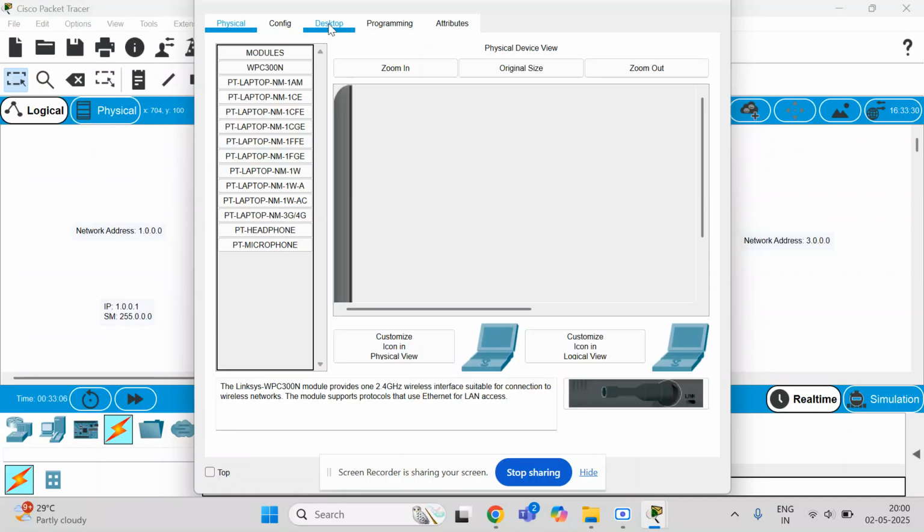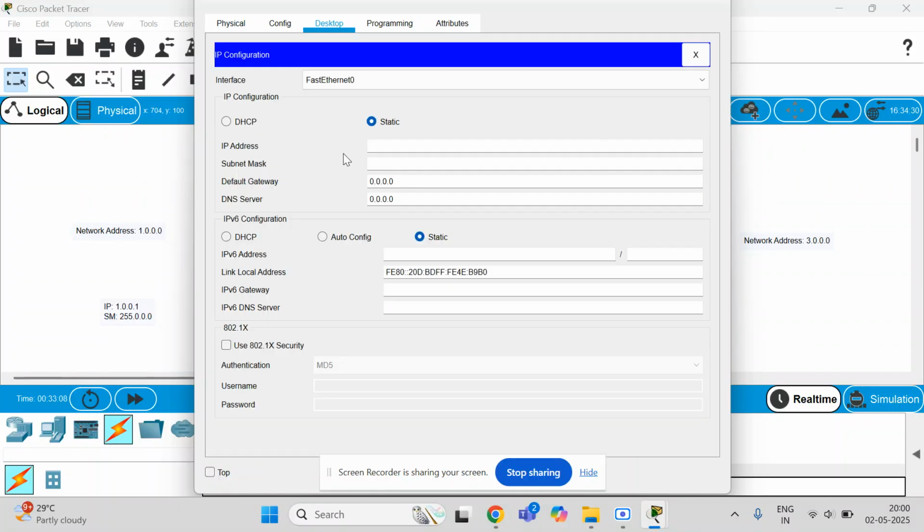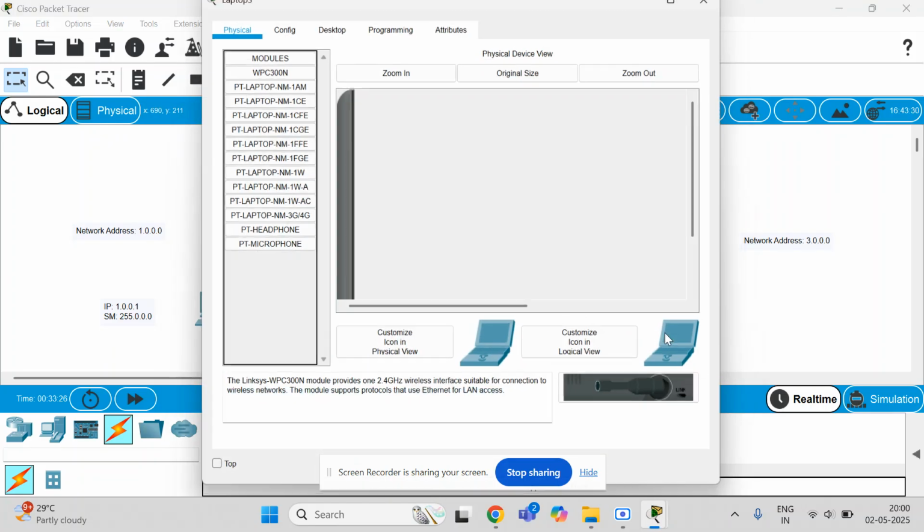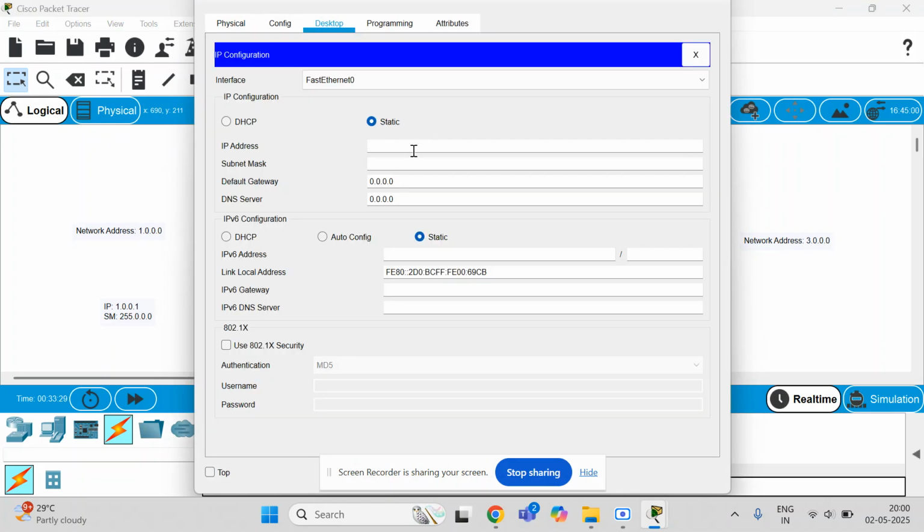Open the machine, Desktop, IP Configuration. Here I am giving 3.0.0.2, with the subnet mask as well as the default gateway, that is 3.0.0.1. Second machine, Desktop, 3.0.0.3 and subnet mask done.